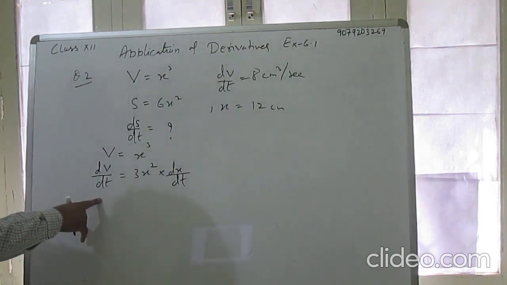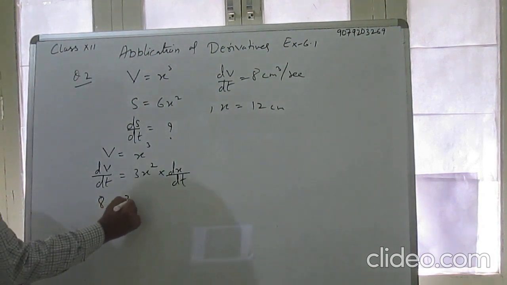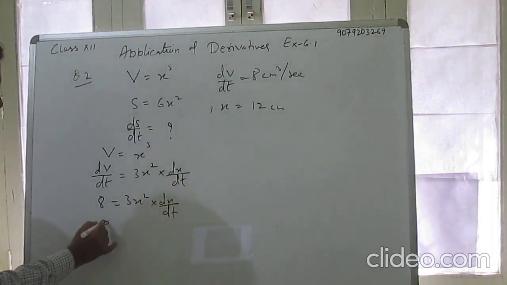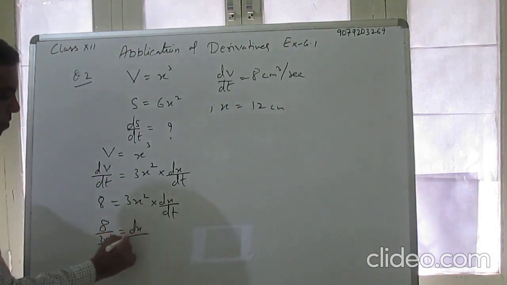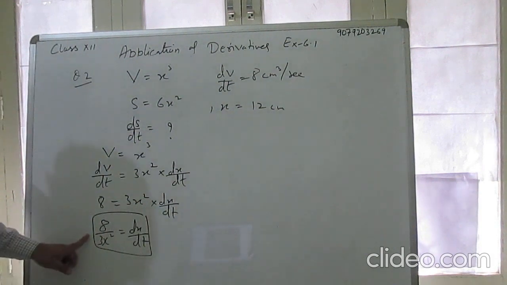Here, what is the value of dV by dt? 8. 3x square into dx by dt. So 8 upon 3x square is equal to dx by dt. This is the value of dx by dt.